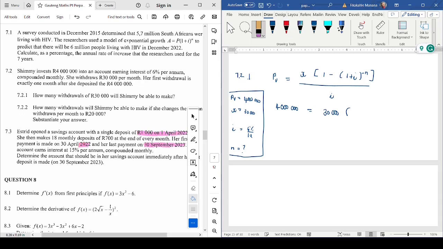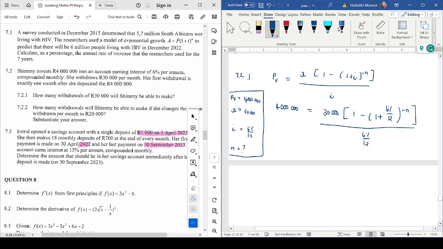Let's make that a square bracket. One minus (1 plus the interest rate, which is 6% divided by 12) to the power n. And remember, we are looking for n. And divided by the interest rate.